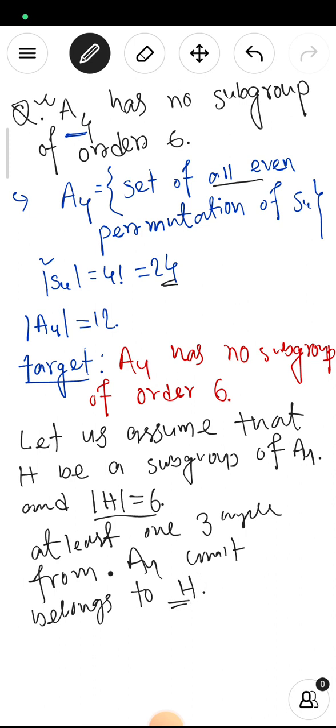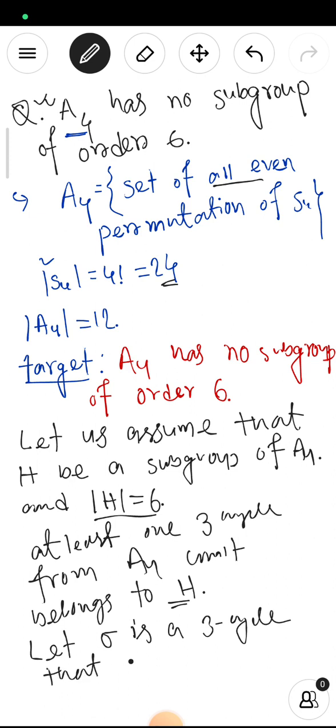So let this 3-cycle be sigma. Let sigma be a 3-cycle such that sigma does not belong to H. We assumed that at least 1 3-cycle is like this.